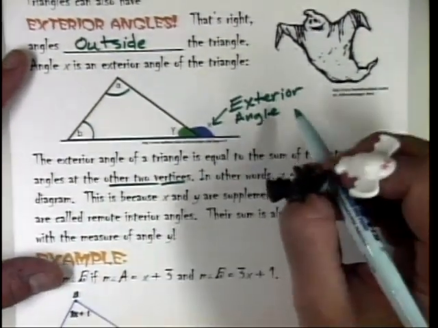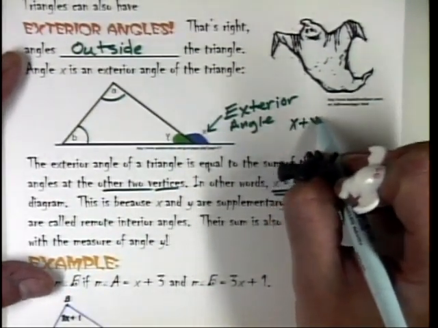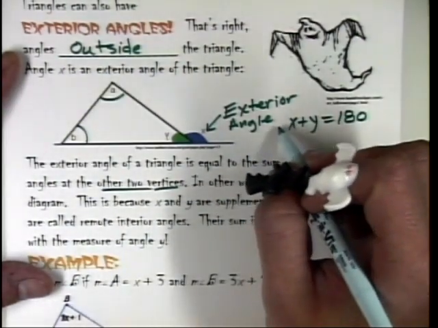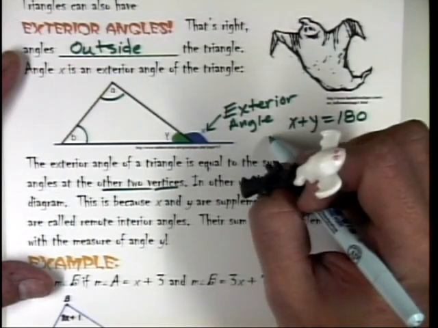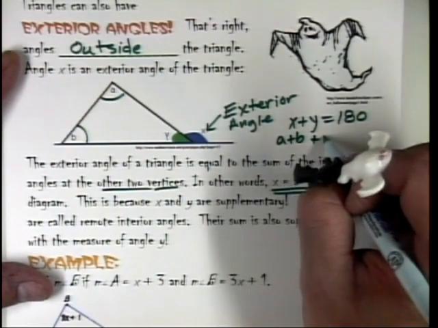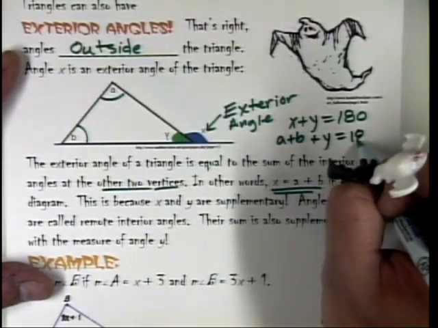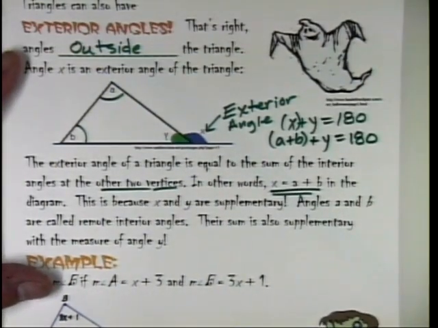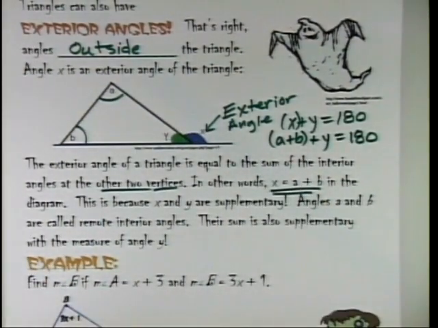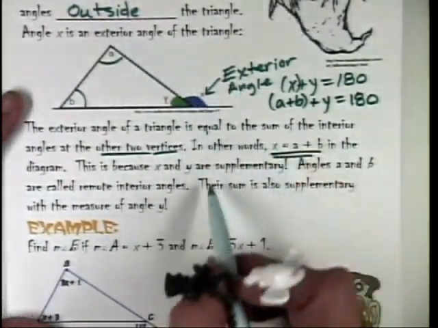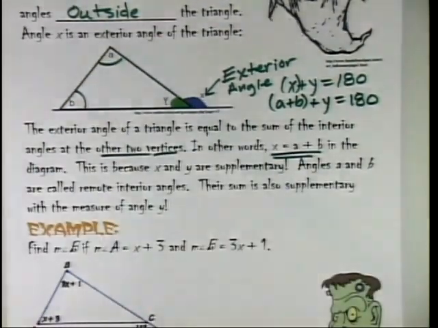So if X plus Y have to equal 180, and if the measure of angle A plus the measure of angle B plus the measure of angle Y also have to equal 180, then what do we know about X and A plus B? Well, they are actually the same. They are equal to each other. Okay? So the sum of A and B is supplementary to the measure of angle Y. That's pretty cool.